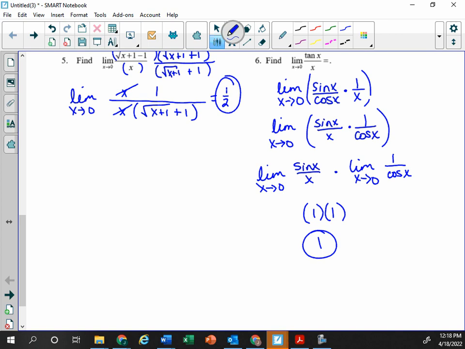How do these parentheses... just say 1. Questions on that one? I know that one's a little tricky. So think, you're fine with tangent being sine over cosine, right?